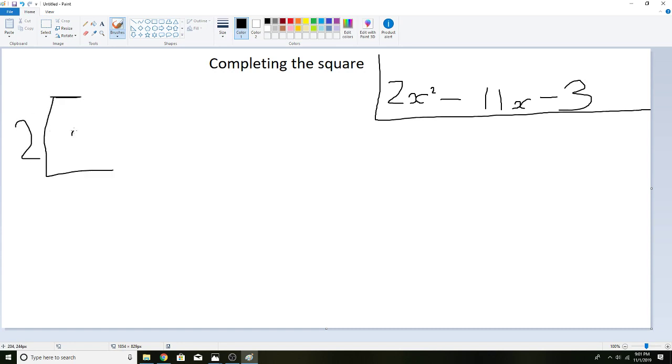Because I just want x squared by itself. Now remember, when you do this, you have to factor out the other parts of the equation as well, not just the x squared bit. So it'll be minus 11 over 2 x.